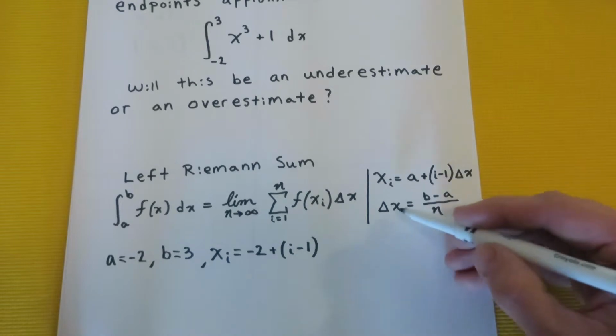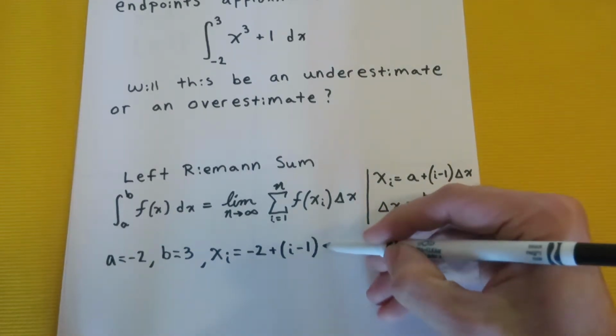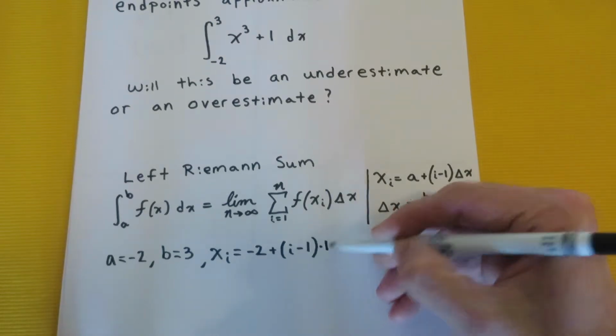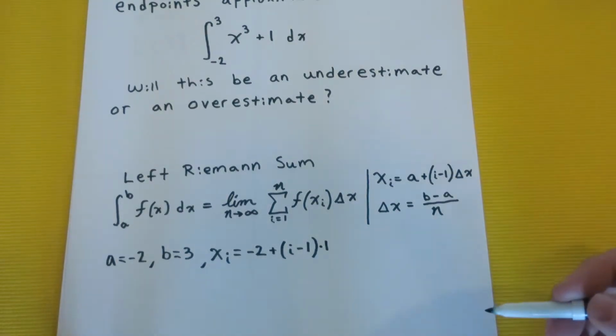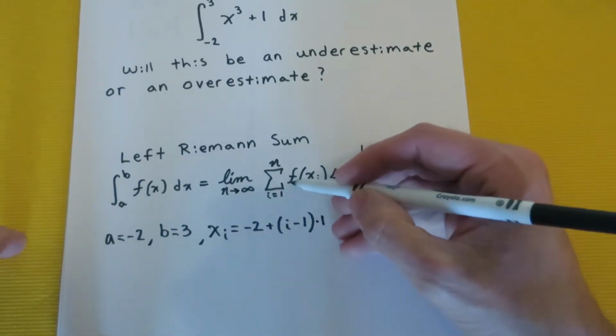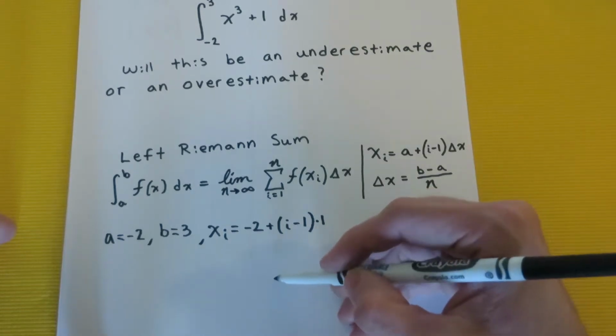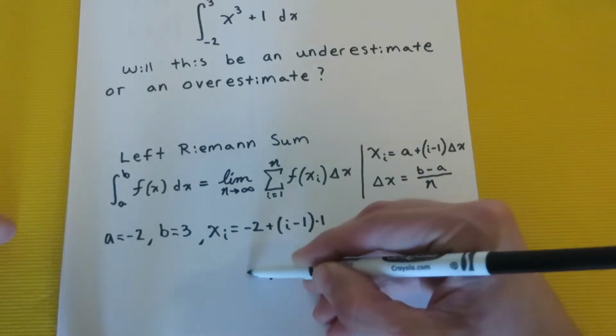That's a lucky thing to have. It makes it very easy. We're just multiplying this whole thing by 1.